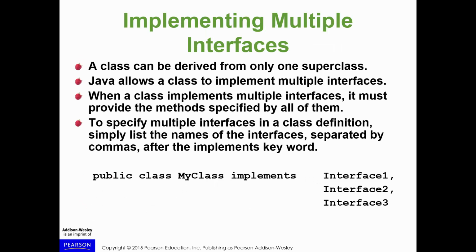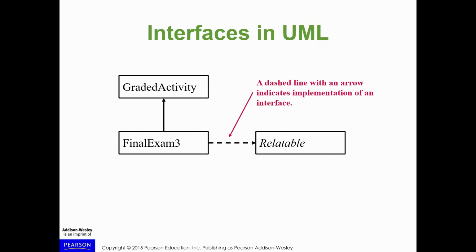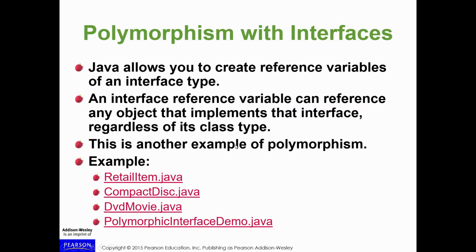Again, there's an example of this on the bottom of the screen. My class implements 3 different interfaces. It implements interface 1 and interface 2 and interface 3. Interfaces in the Unified Modeling Language are shown with a dashed line, which basically shows that that's the interface.